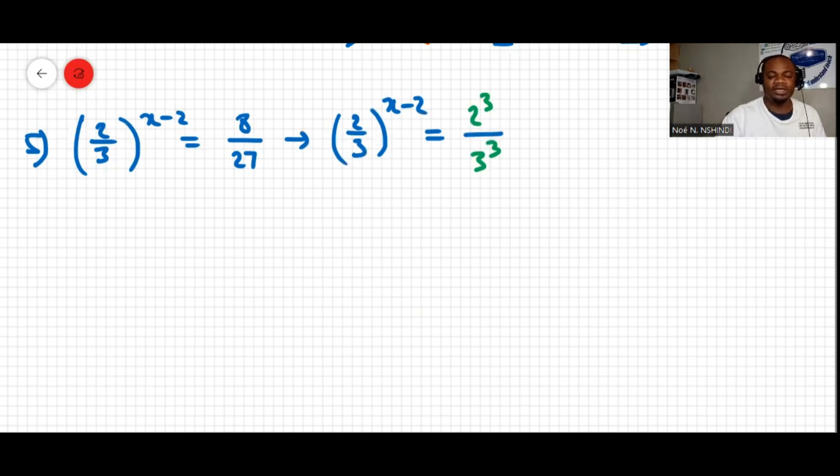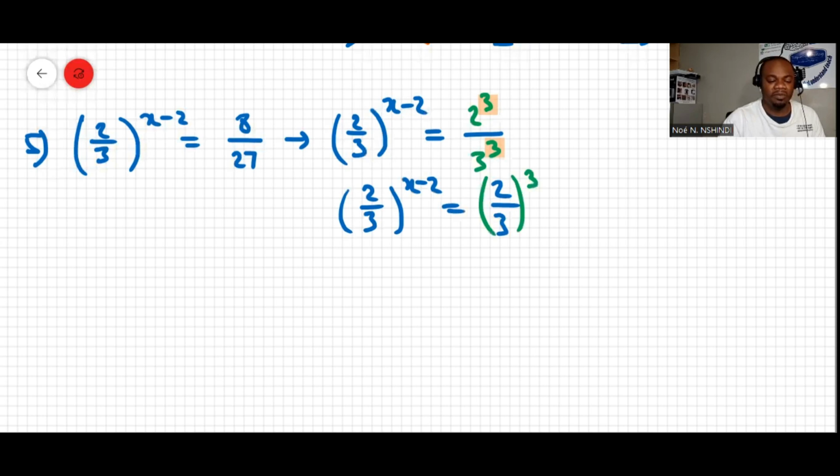Now, the fact that the powers are common, we can write it with a common exponent. It's going to be like 2 over 3, okay, all to the power of 3, okay? Remember the law of exponent says a to the m over b to the m is the same thing as a over b to the m.